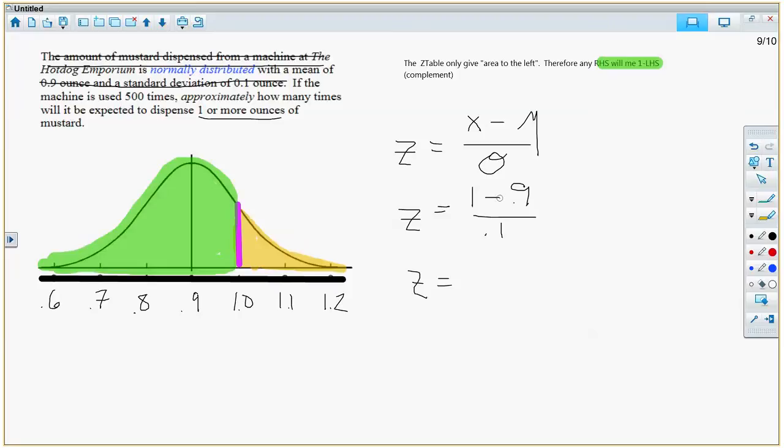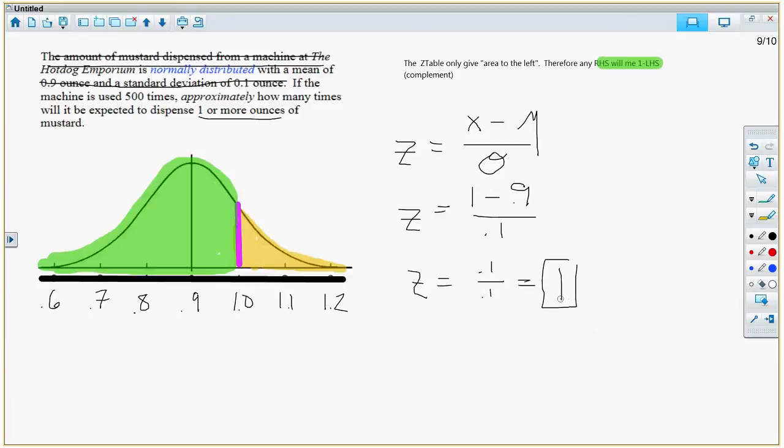What's a dollar minus 90 cents? And what's 10 cents over 10 cents? 1. Now, is this going to come out all the time, this 1 equal to this 1? No, it will not. This one just happened to be a coincidence.